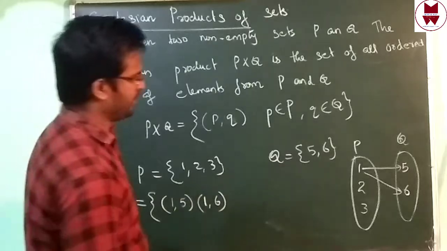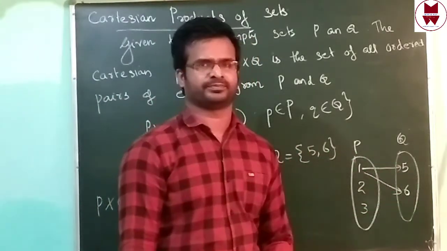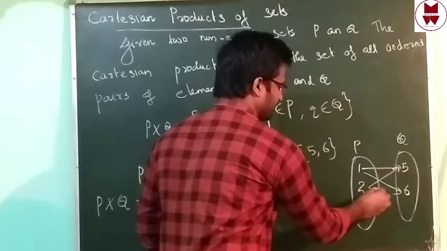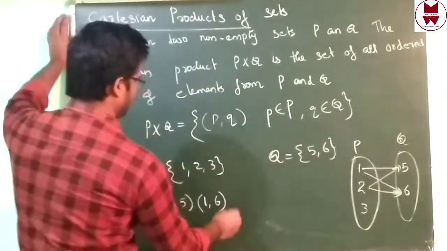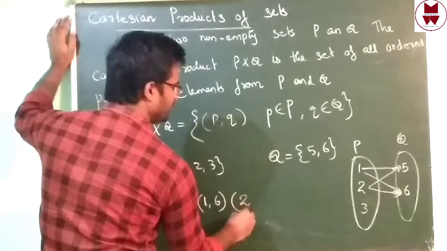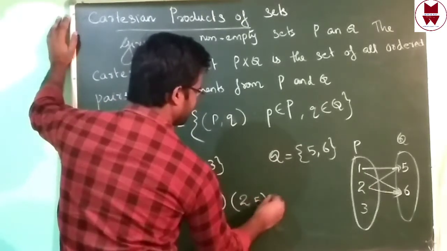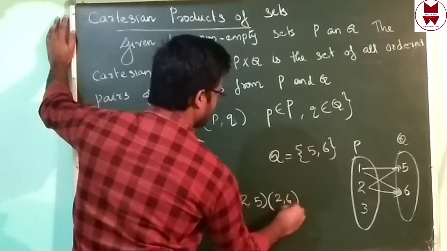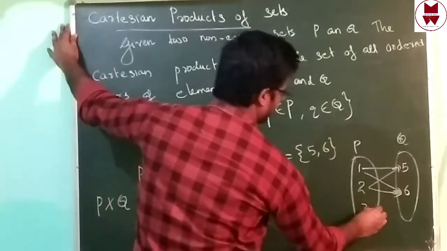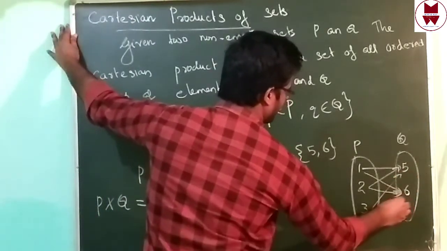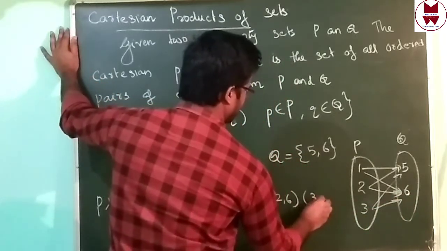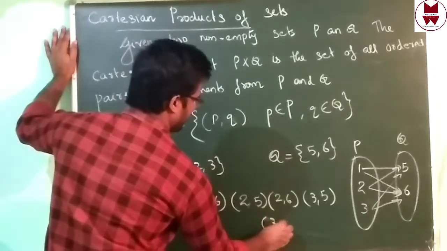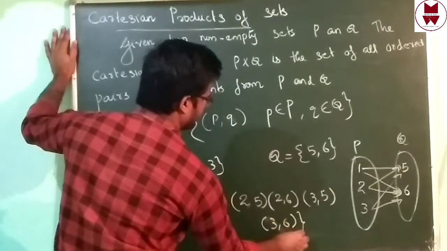Using 1 we can make 2 relations, isn't it? Then same like that, using 2 also we can make, here 1, here also 1. Then ordered pairs (2, 5), then (2, 6). Then from 3, 1 here, 1 here: (3, 5) and (3, 6).